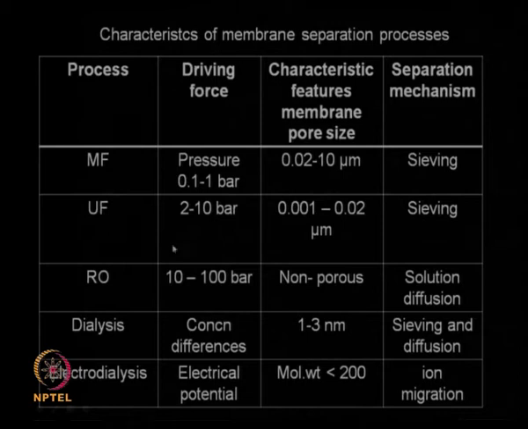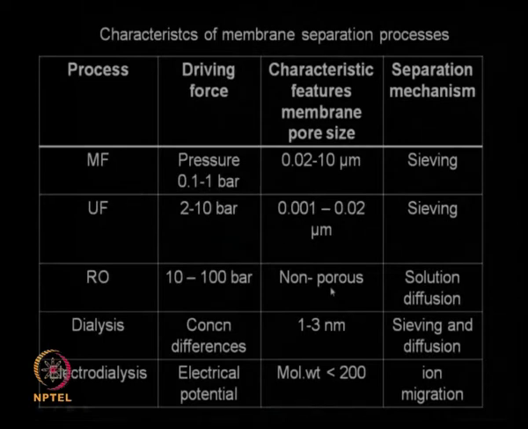If you go to ultrafiltration, here the pore sizes are much smaller, that is why you are able to capture much smaller particles, hence the pressure drop is also very high. So the driving force is almost 10 bar here. Again the principle is the same, you have a sieving action, that means there are pores.